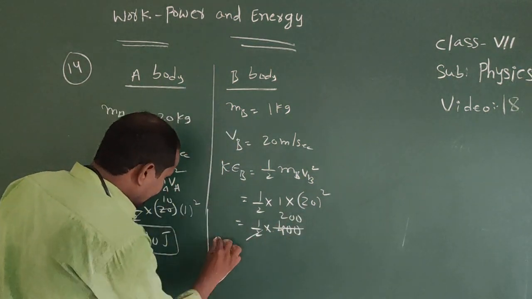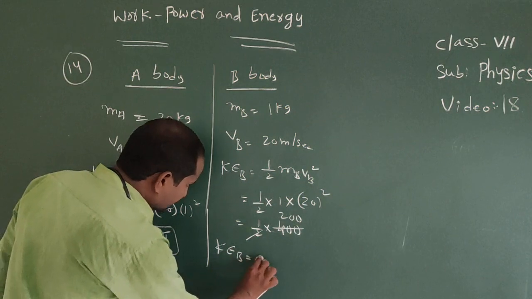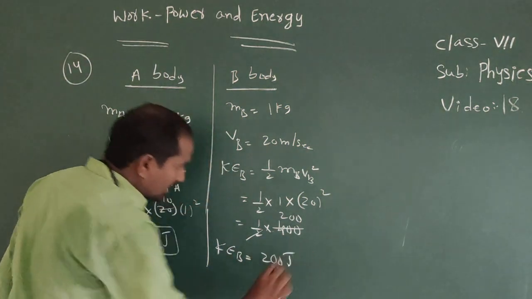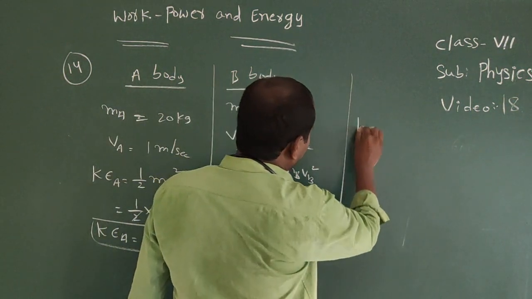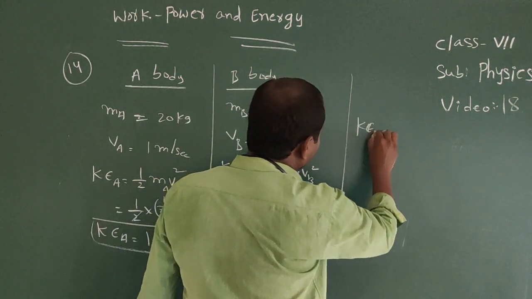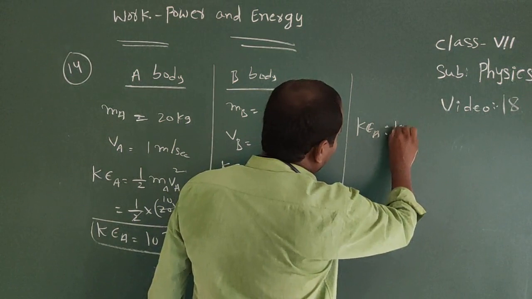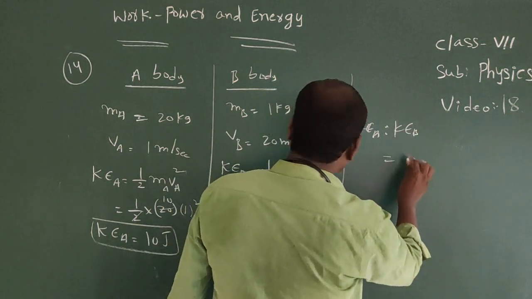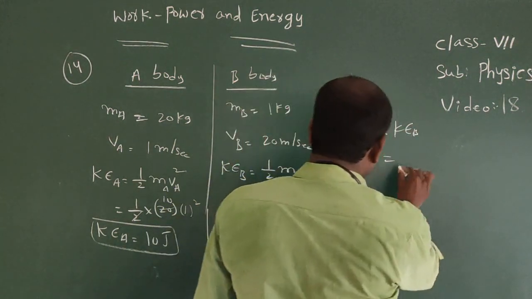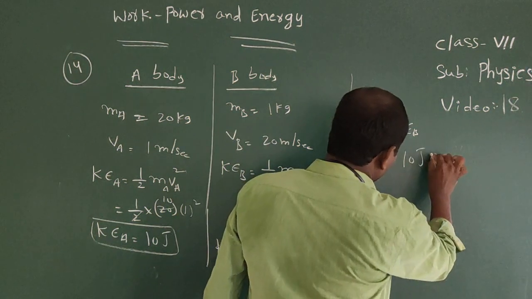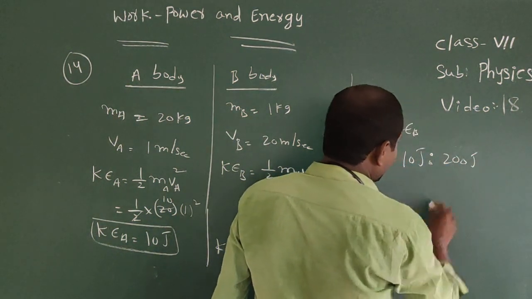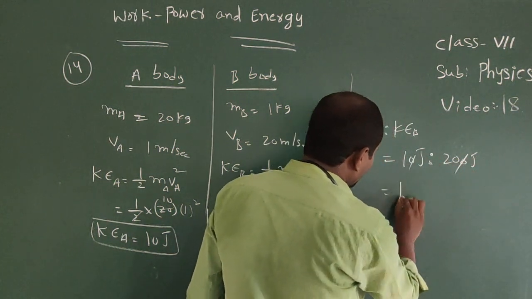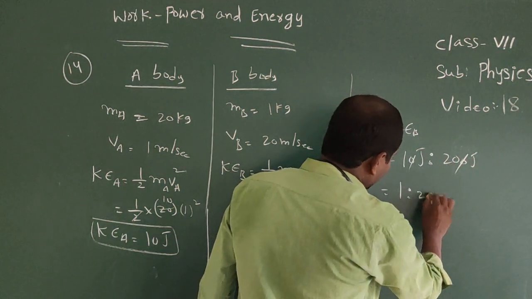So here kinetic energy of second body is equal to 200 joules. Now, ratio between kinetic energy of first body and kinetic energy of second body, that equal to 10 joules is to 200 joules. 0 get cancelled, that equal to 1 is to 20.